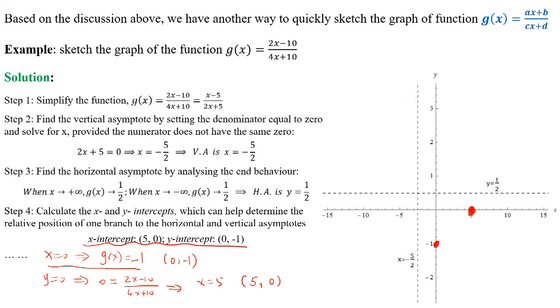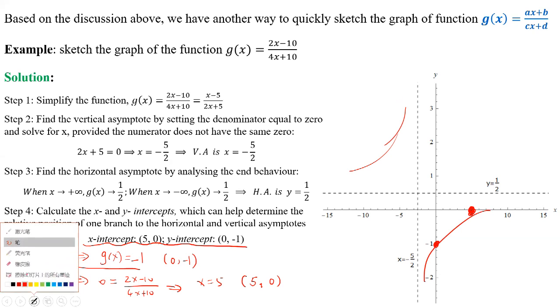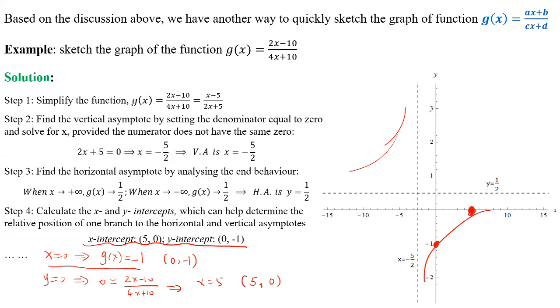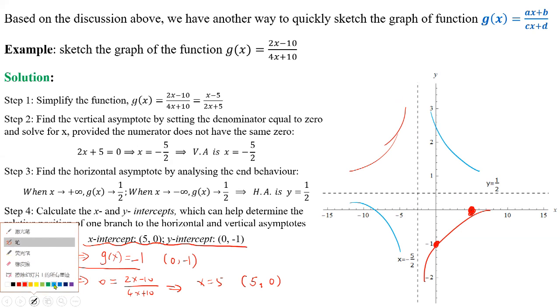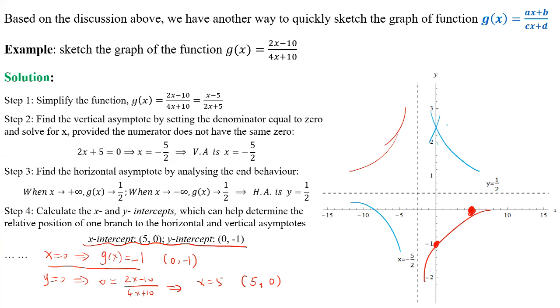Okay, so you know that the two asymptotes are the dotted lines, right? So this function must have a pattern like this, either this or this. And here you also know that this function passes through these 2 points. So this function cannot have a pattern with these 2 branches. This is not possible, right?